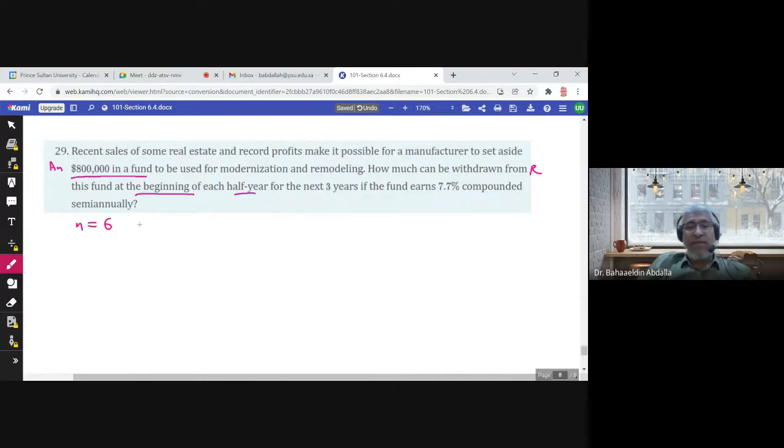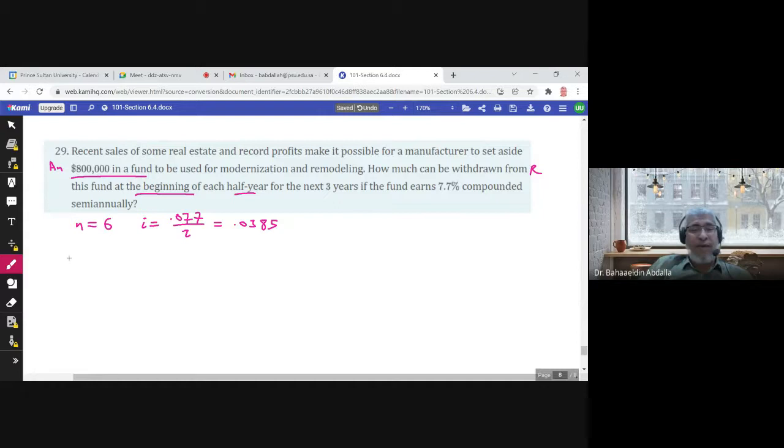So n is 6 and i is 0.077 over 2, twice a year. So i would be 0.0385.